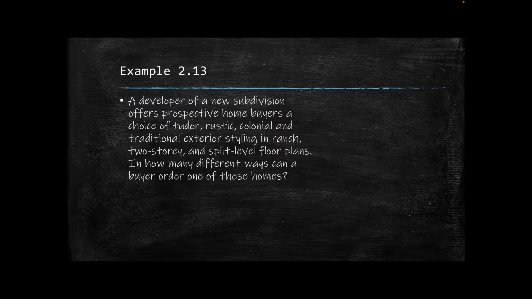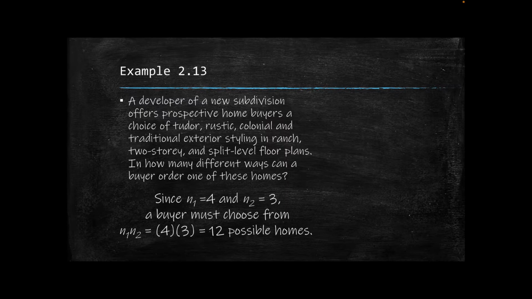So the fundamental counting principle here can be verified by constructing tree diagrams and counting the various paths along the branches. Here, n1 equals 4 branches corresponding to different exterior styles, and there will be n2 equals 3 branches extending from each of these 4 branches representing different floor plans.